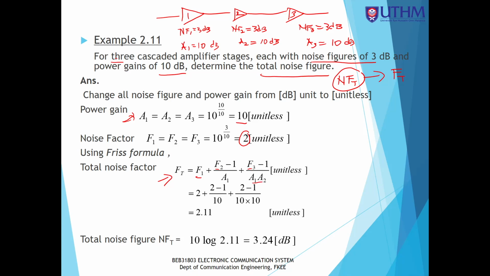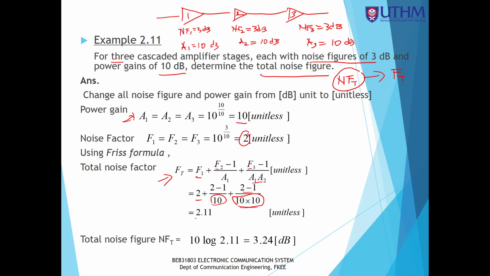Okay, so here we can do 2 plus (2 minus 1) over 10 plus (2 minus 1) divided by 10 to the power of 10. This is the gain for the first amplifier, and this is the gain for the first and second amplifiers.